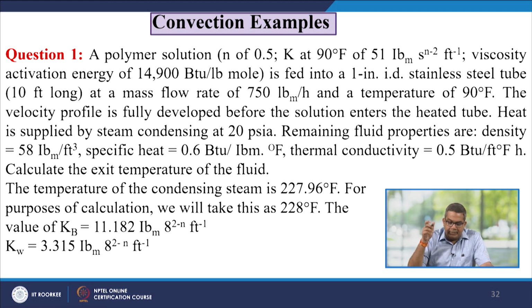The temperature of the condensing steam is given as 227.96 Fahrenheit, and for the purpose of calculation I will take it as 228 degree Fahrenheit, and the value of Kb is given as 11.182 pounds, and Kw is also given.